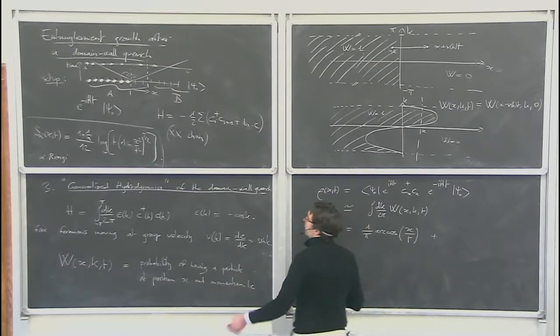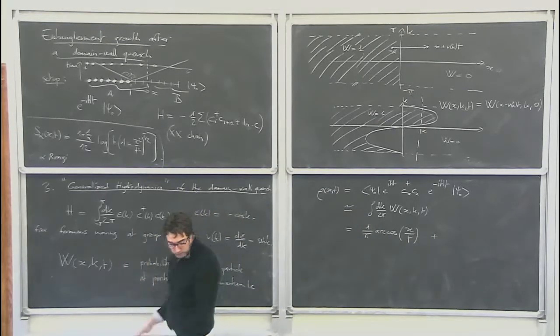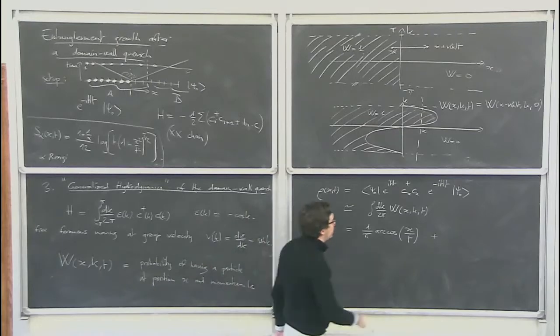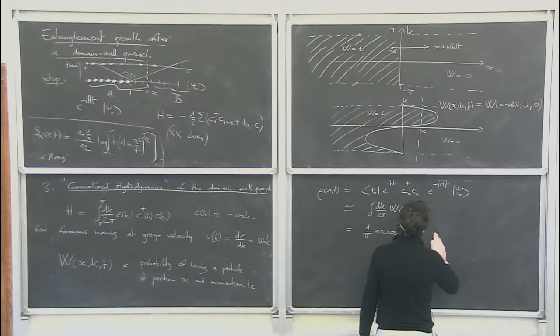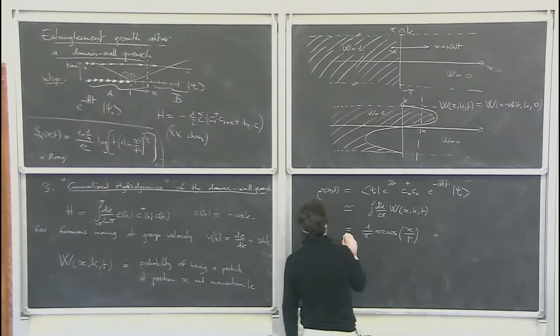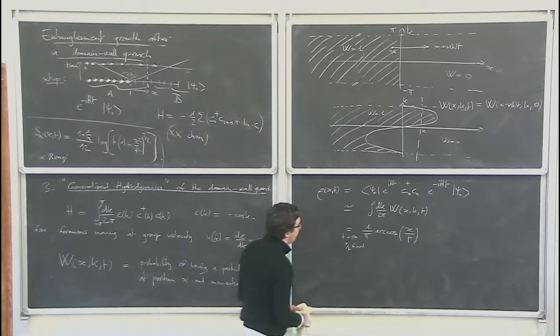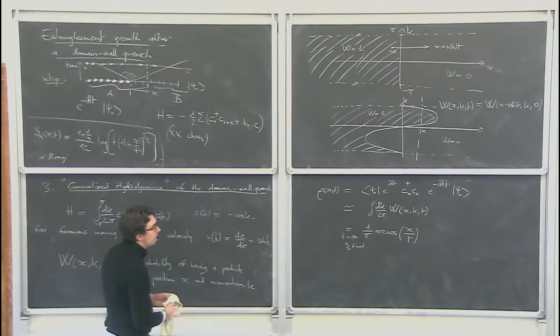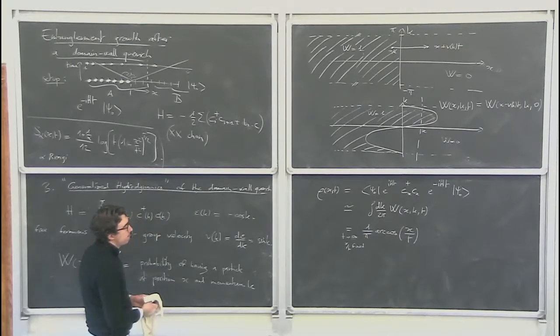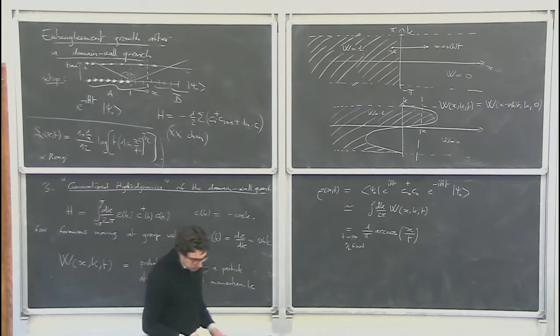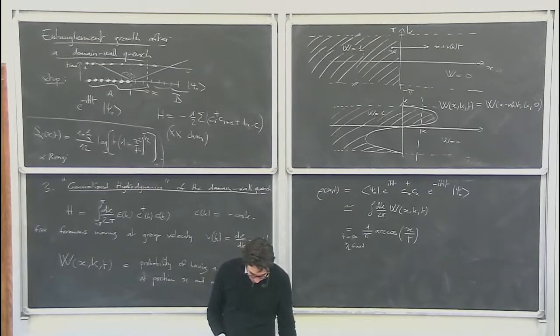So if you wait for long enough, so that locally you have these fluid cells and so on, there are corrections. But in the limit t goes to infinity, which is the limit that Bruno was discussing, so t goes to infinity and x over t fixed, this is exact. Okay, so that's very simple.